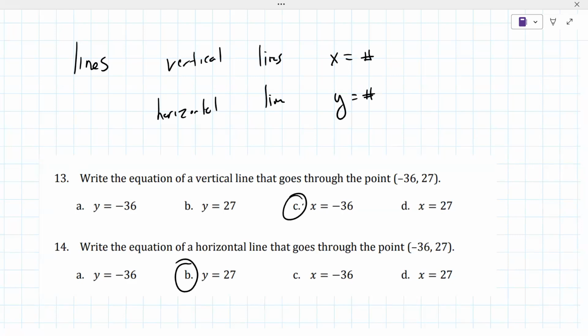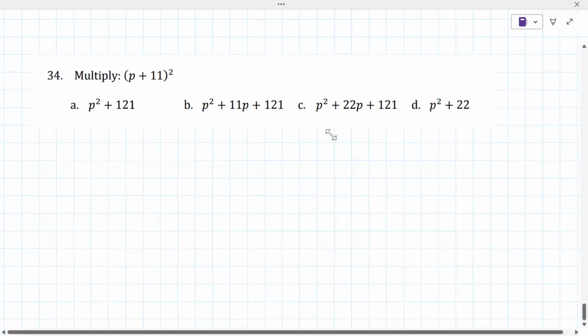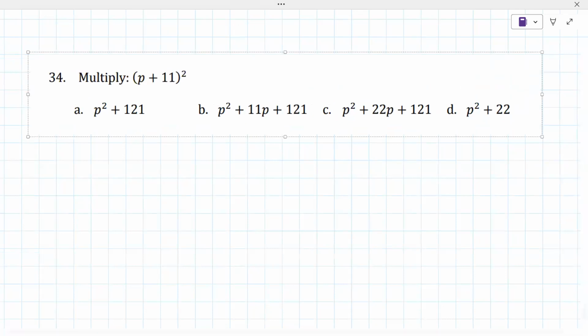All right. So now let me grab another problem here. I really, really like this question. It's so prone to making mistakes. I'm just going to put it out there and see what you think.